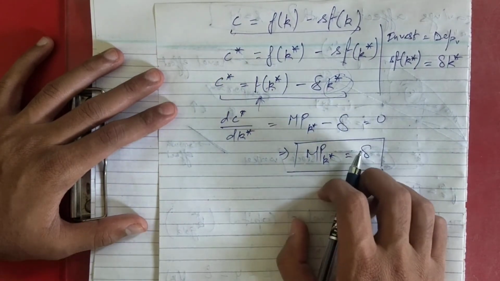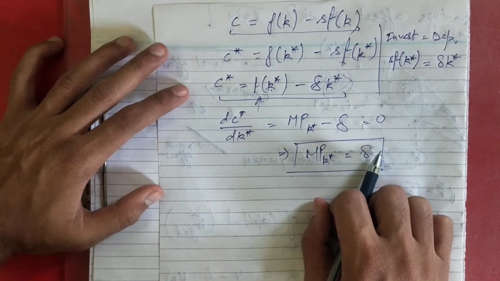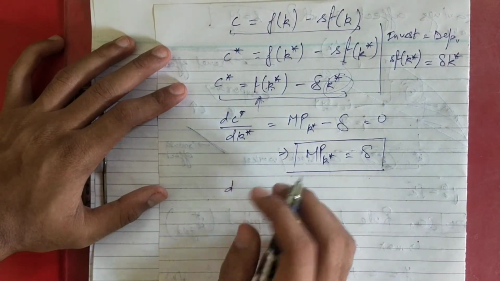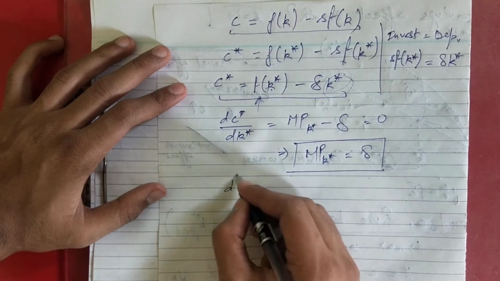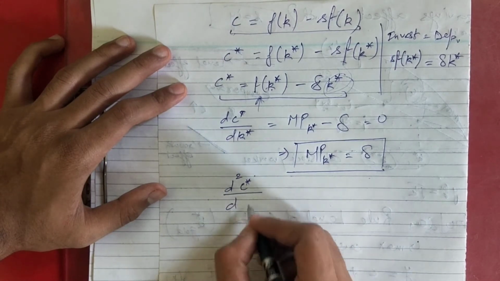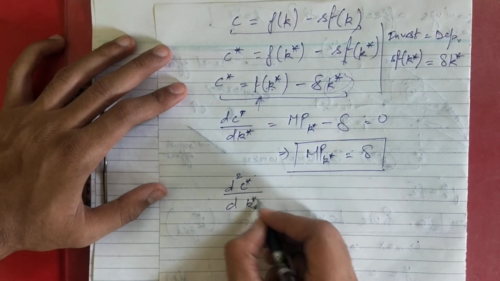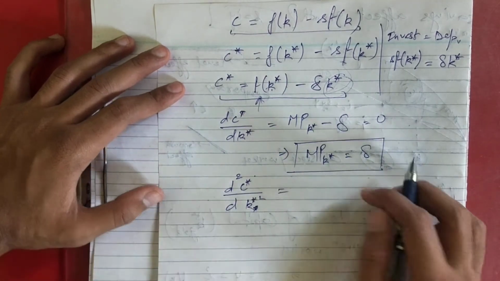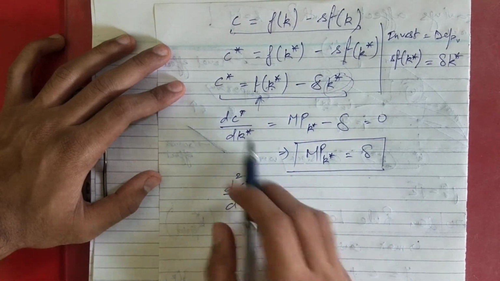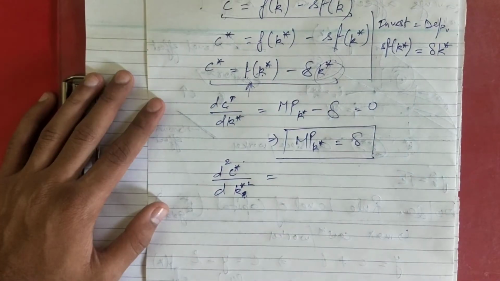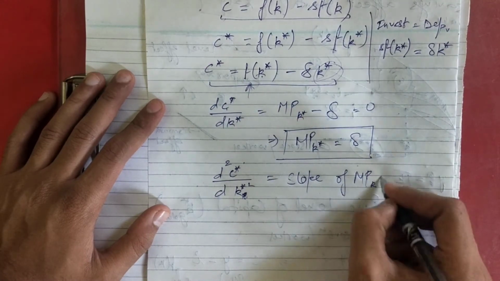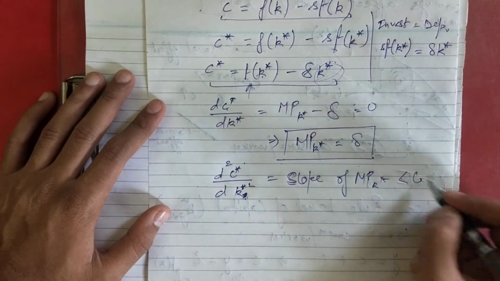Now we can verify whether it is a maximizing condition by the second order derivative. If it comes out negative, then this is your maximizing condition. So d2 c star over d k star squared: you differentiate again with respect to k, so this will be the slope of MPK, and we know that it is less than 0.